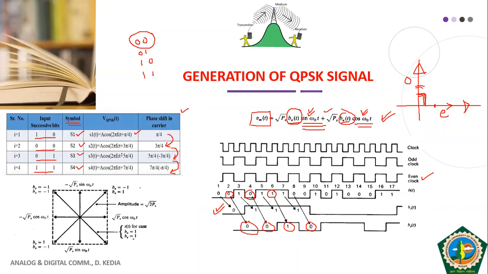The symbols that we are transmitting here can also be represented with the help of phasors. This is the phasor representation of our QPSK symbols. If you remember, I discussed the constellation diagram in BPSK, which was also a phasor representation.